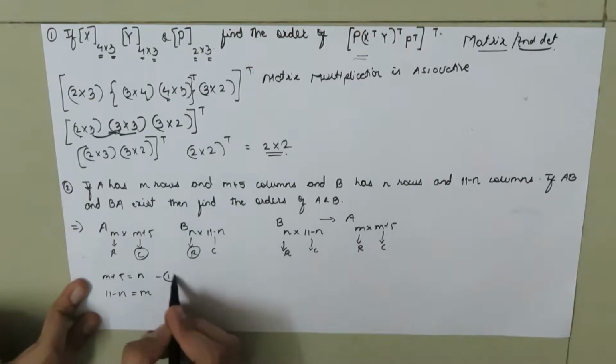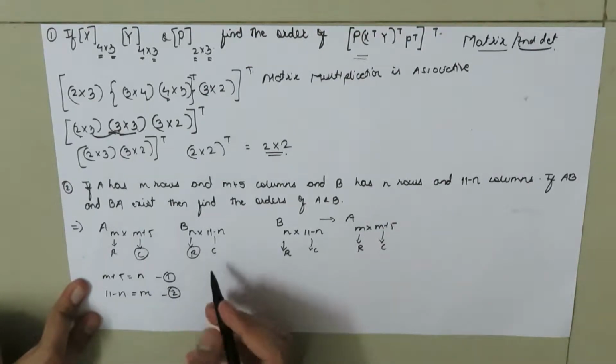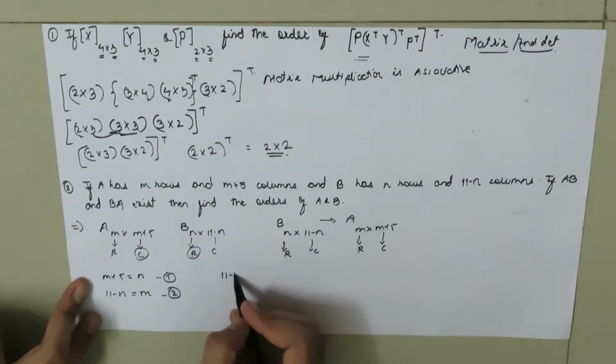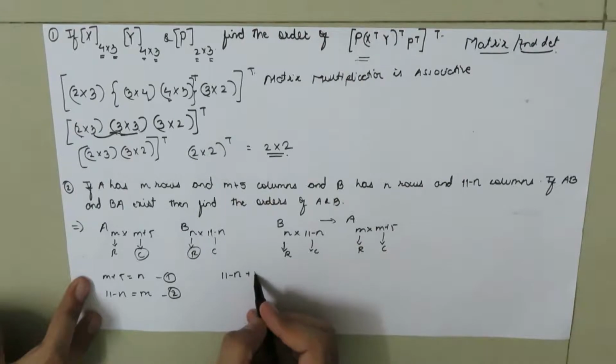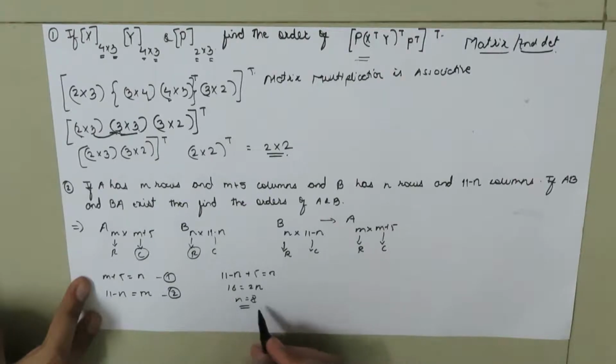So let's say this is our equation number 1, this is our equation number 2. If we put equation number 2 in equation number 1, we get 11 minus n plus 5 is equal to n. So 16 is equal to 2n and n is equal to 8.